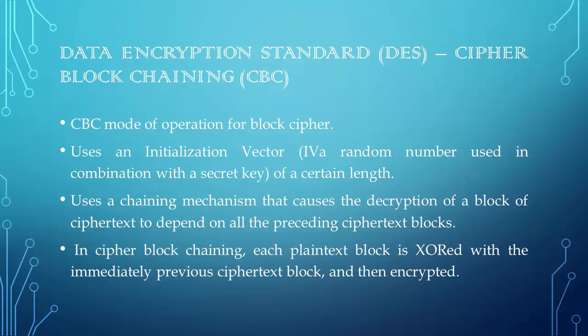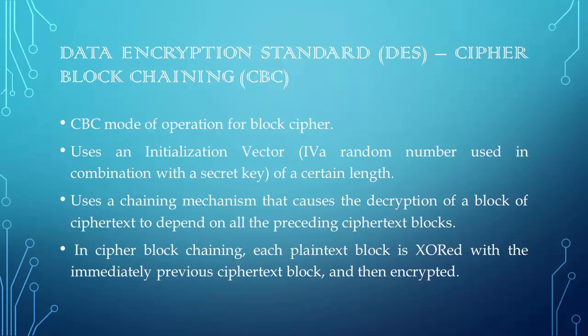One of its key characteristics is that it uses a chaining mechanism that causes the decryption of a block of ciphertext to depend on all the preceding ciphertext blocks. As a result, the entire validity of all preceding blocks is contained in the immediately previous ciphertext block.